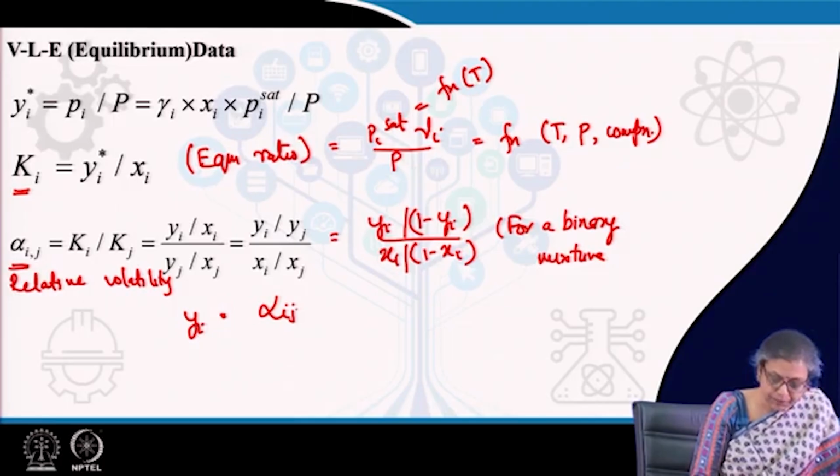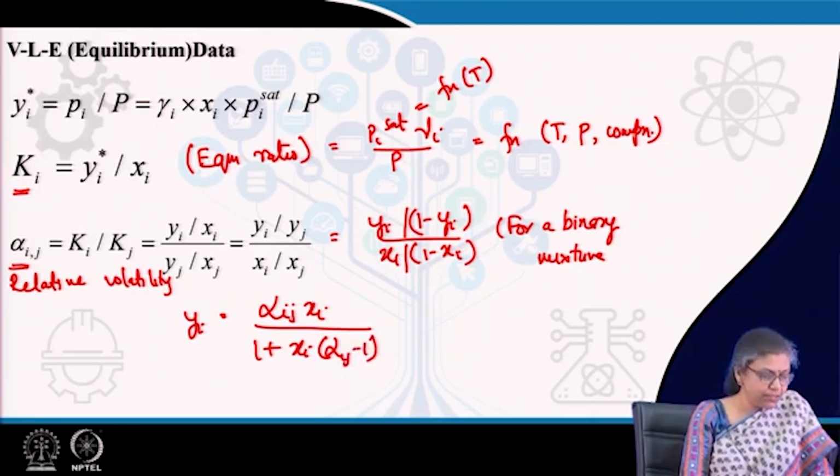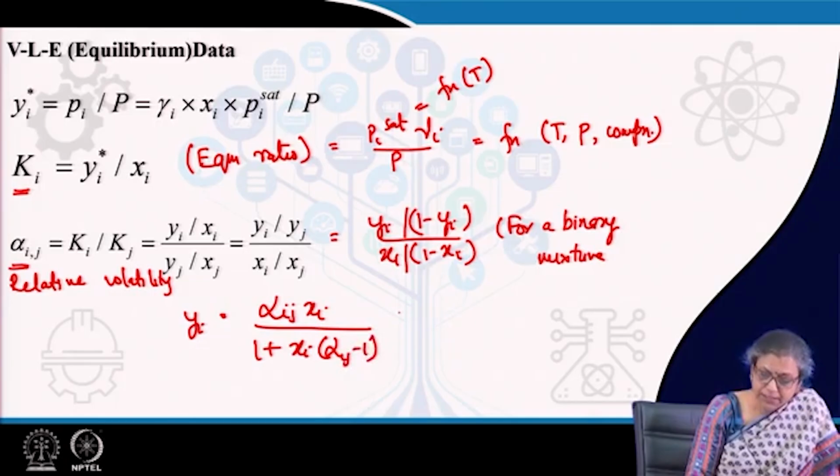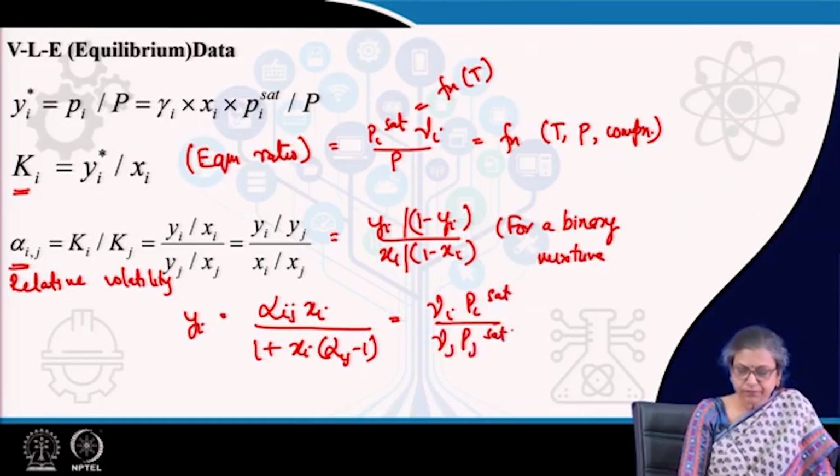For any x_i you can find y_i once alpha is known by using this formula, where alpha corresponds to gamma_i P_i^sat by gamma_j P_j saturated, right.